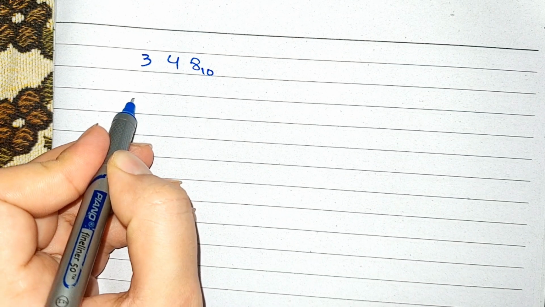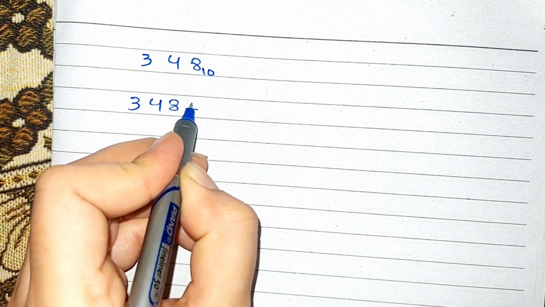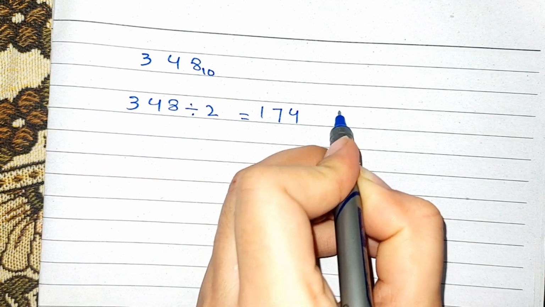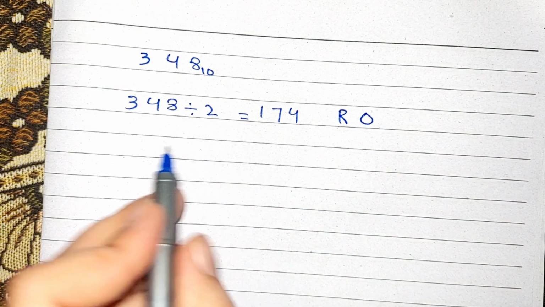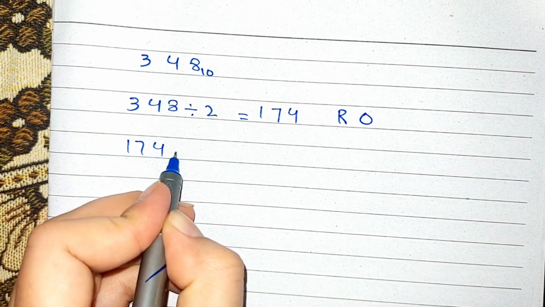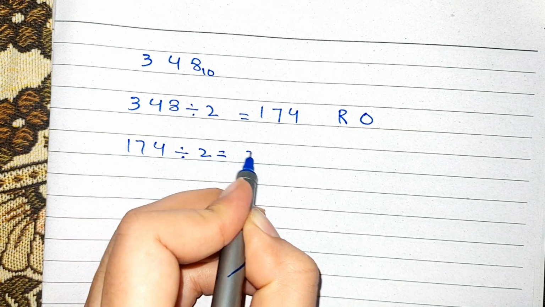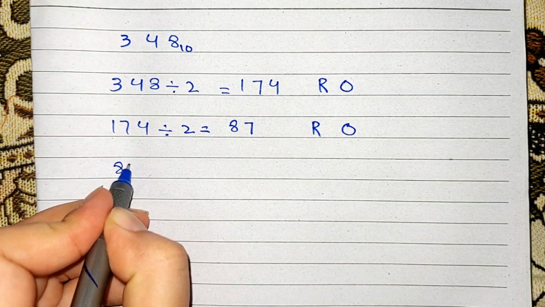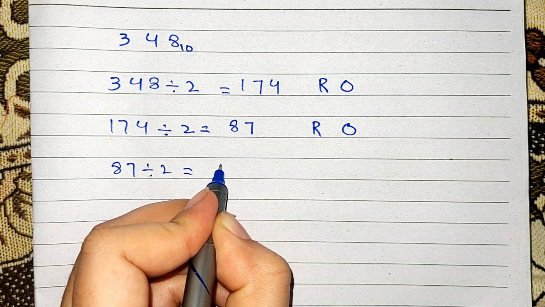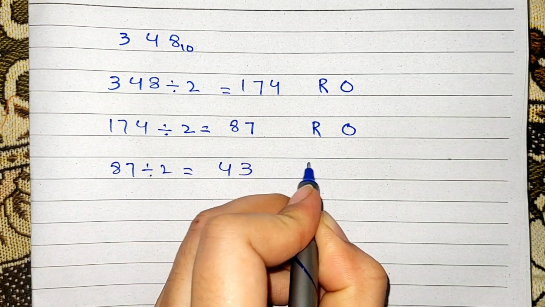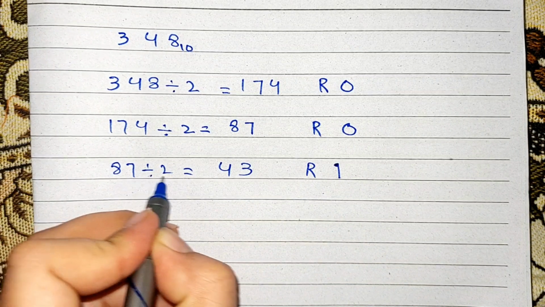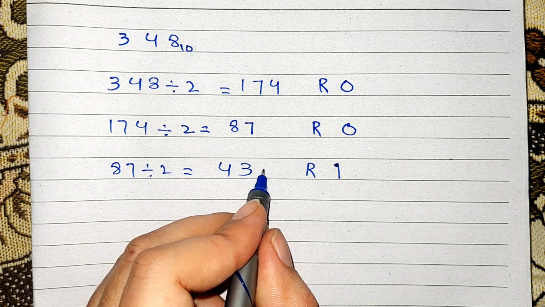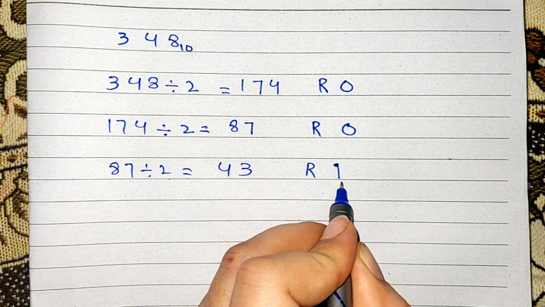So we will divide 348 by 2. That will be exactly 174 and the remainder will be 0. Again we will divide 174 by 2, that will be equal to 87, and the remainder will be 0. 87 divided by 2 will be equal to 43, and the remainder will be 1, because if we divide 87 by 2 that will be equal to 43.5, so if we multiply 0.5 with 2 we get 1.